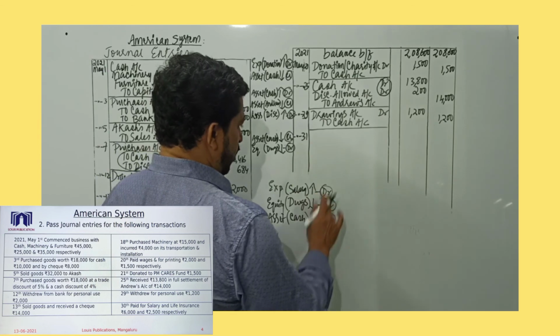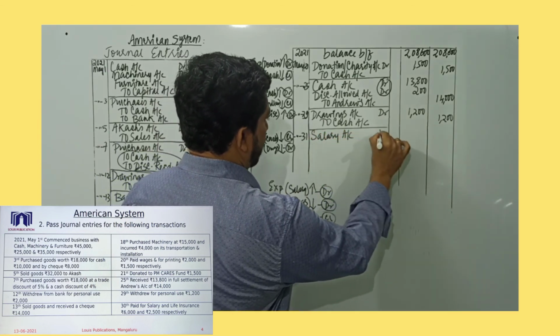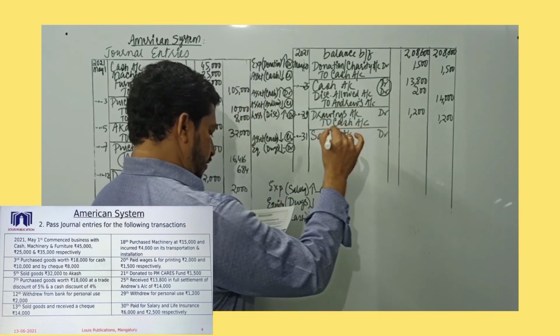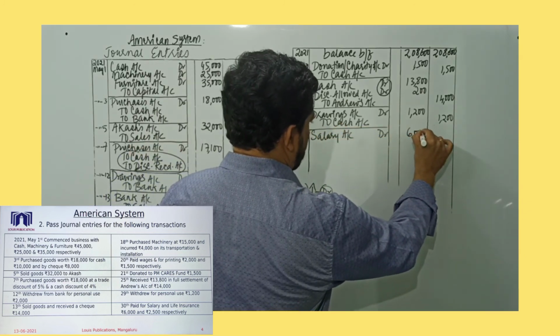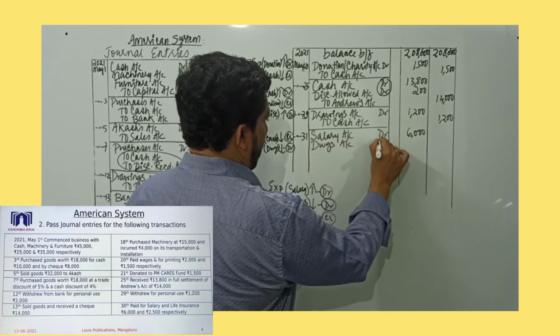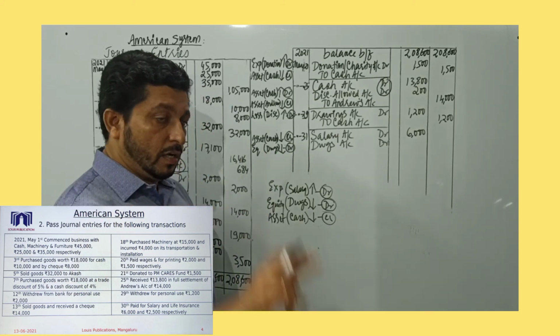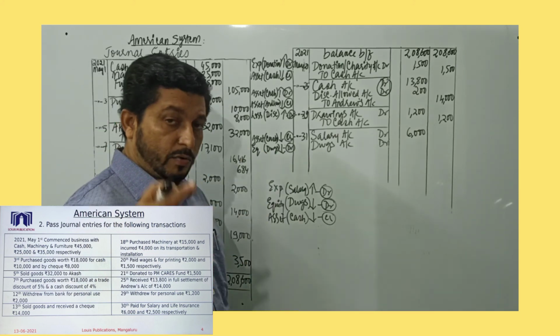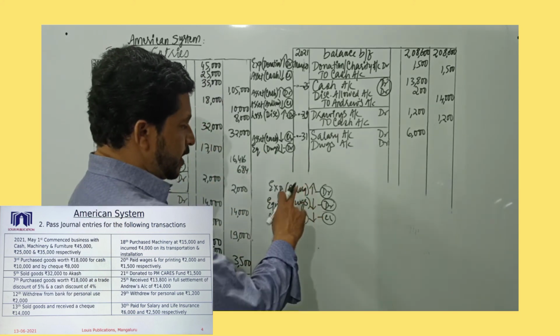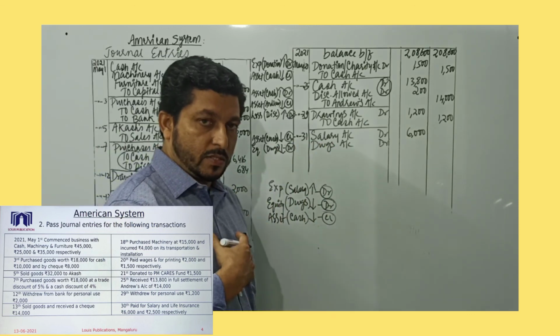So the journal entry would be salary account debited, salary value is 6,000 rupees. Then drawings account debited. Point to note, it is life insurance of the businessman. In the earlier problem it was fire insurance, which was a business expense. This is life insurance, which is the businessman's personal expense.